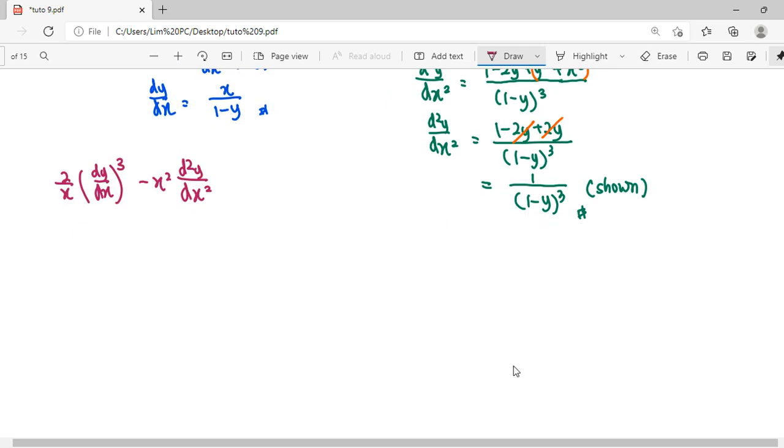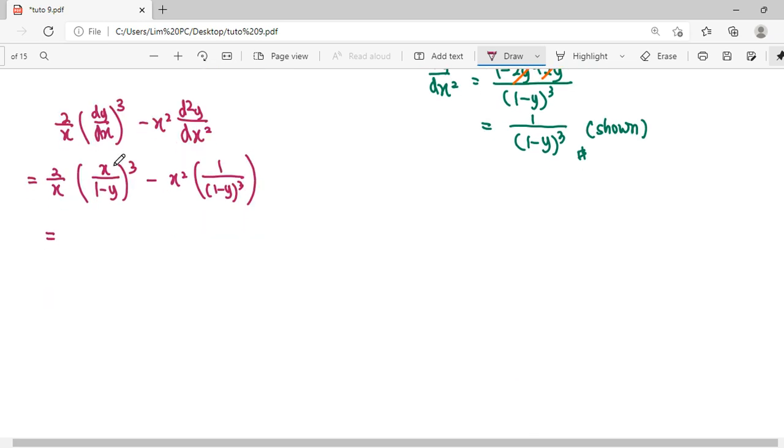Okay, then we can start. Substitute our dy dx with x over 1 minus y cubed. Substitute d2y dx squared. So how are we going to simplify? Of course, we simplify our bracket here first.